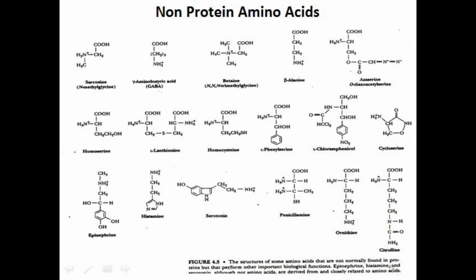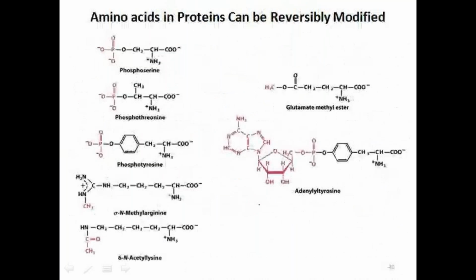These are the non-protein amino acids, but they participate in a number of reactions, in different metabolic pathways of protein metabolism. They are produced by changing the side chains of amino acids, and they perform many types of biological functions.